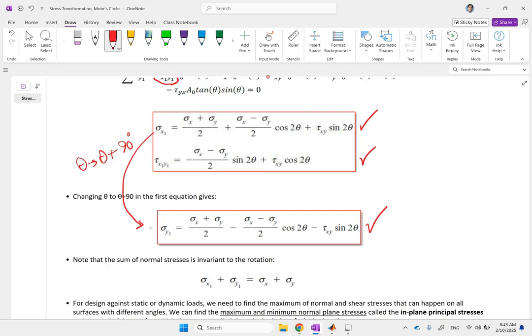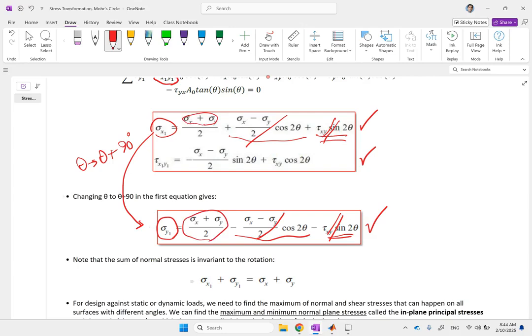Now, one interesting thing is if I add sigma x1 to sigma y1, what would you get? Well, if you look, these two terms are the same, except they are negative and positive, so they cancel. Also, these two terms, the tau xy's, are the same except positive and negative, so they would also cancel. So you get sigma x plus sigma y over 2, the average, and this is another average.